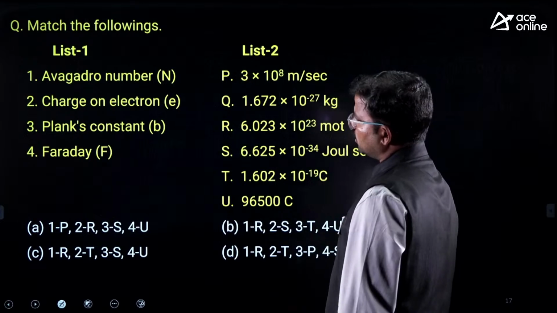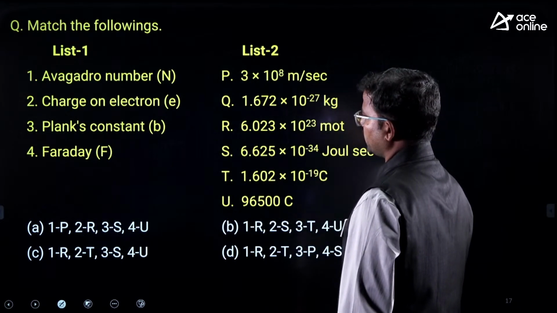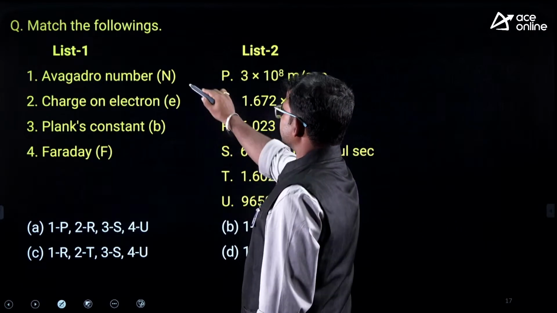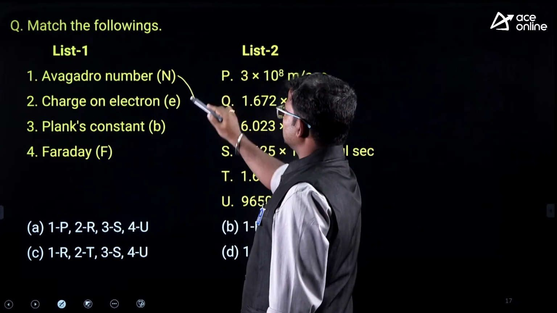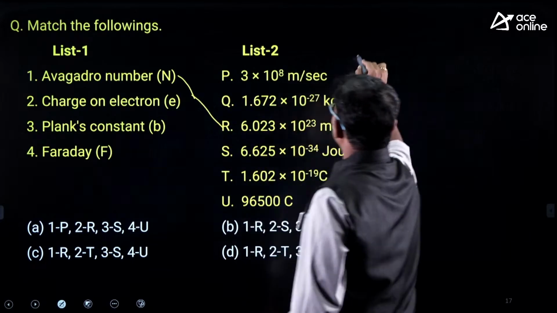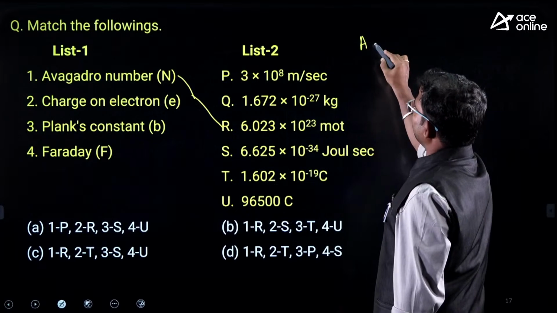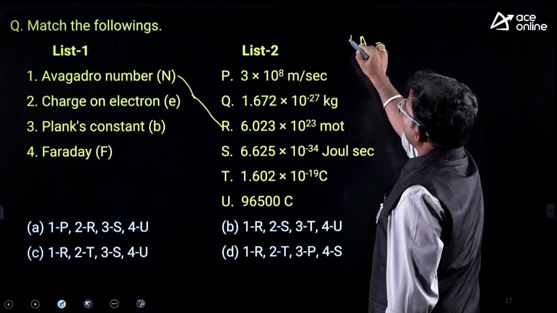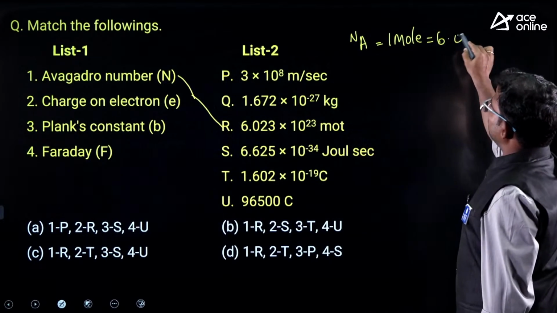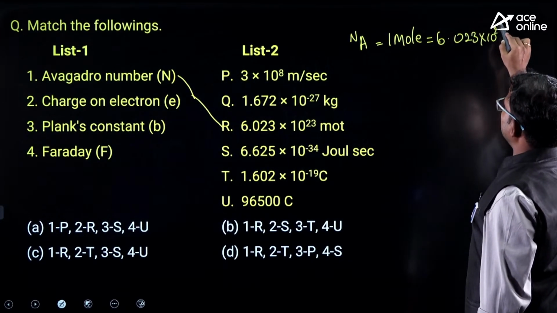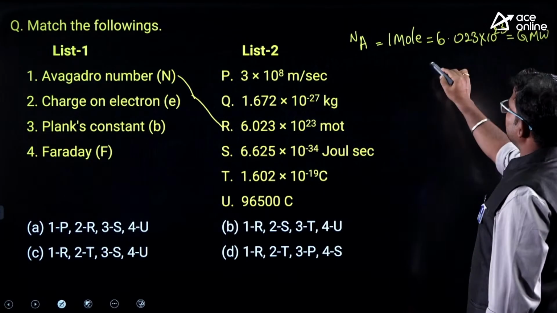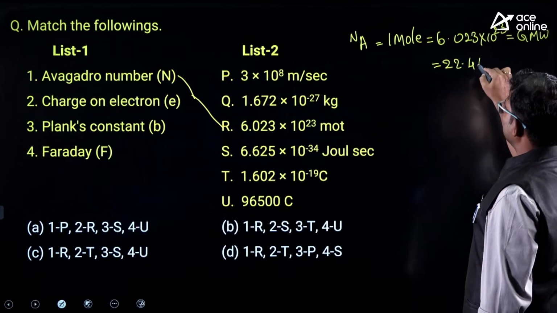Avogadro number, charge on the electron, Planck constant, Faraday. Avogadro number is indicated with N. So 1 mole is equal to 6.023 into 10 power 23, which is equal to the gram molecular weight, which is equal to 22.4 liters.